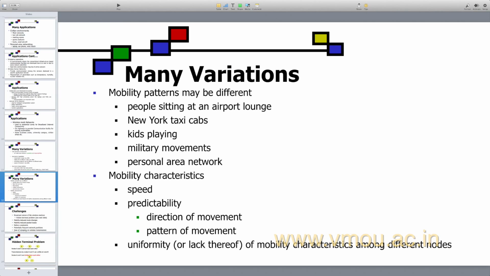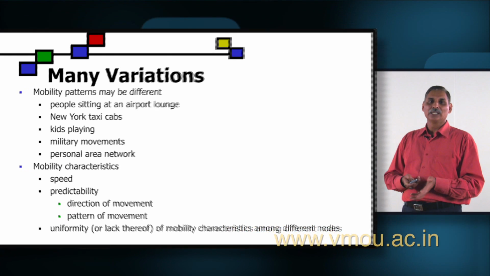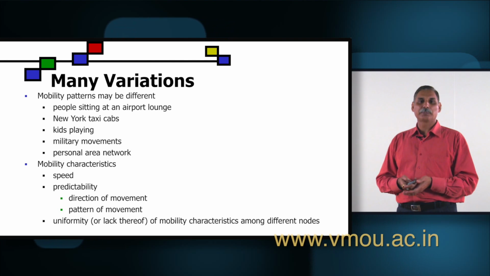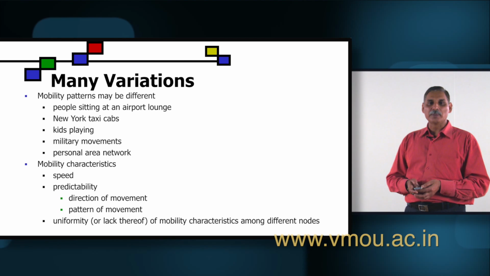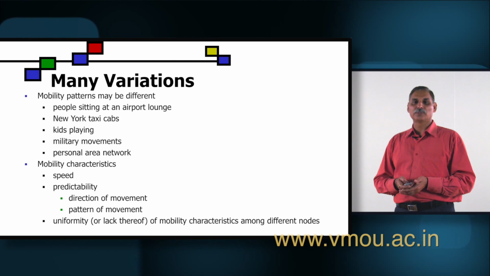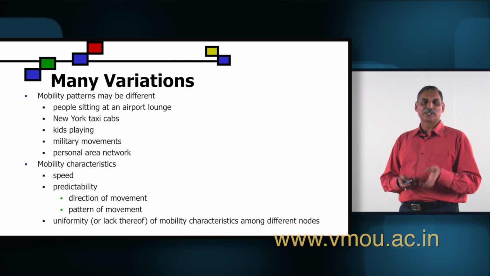The mobility patterns may be different: people sitting in an airport lounge, New York taxi cabs, kids playing, military movements, and personal area networks are examples. The mobility characteristics include speed, predictability, direction of movement, pattern of movement, and uniformity or the lack thereof among the different nodes.